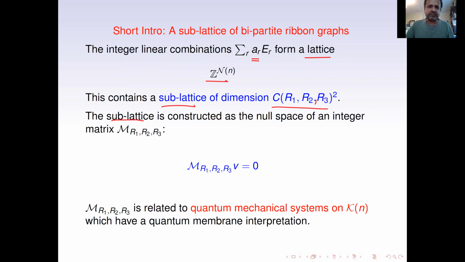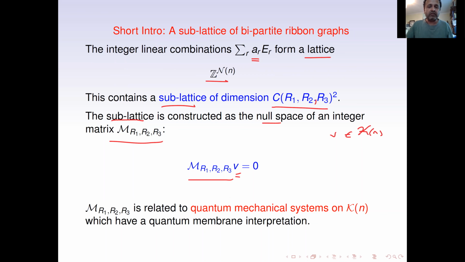Well, this sublattice can be constructed as the null space of an integer matrix. For every triple of Young diagrams, there is an integer matrix, M_{R1,R2,R3}. And you look for vectors V living inside K(n), which obey this equation. Now, it is a fact that null vectors of an integer matrix can themselves be chosen to be integer vectors.